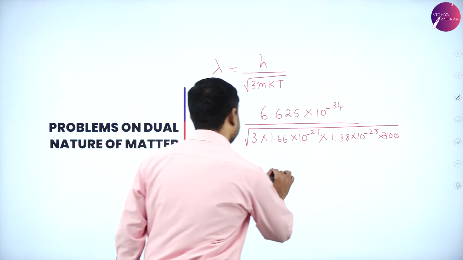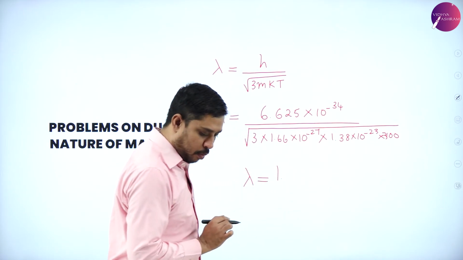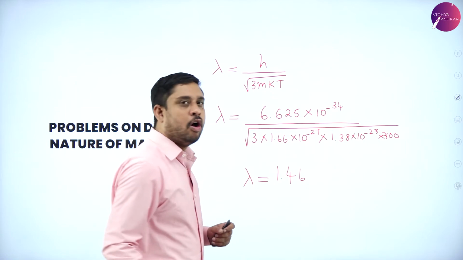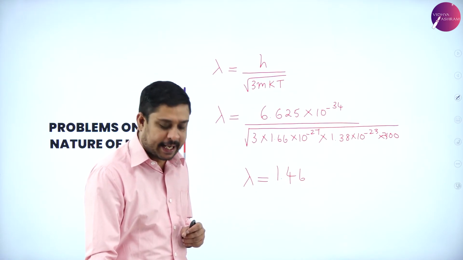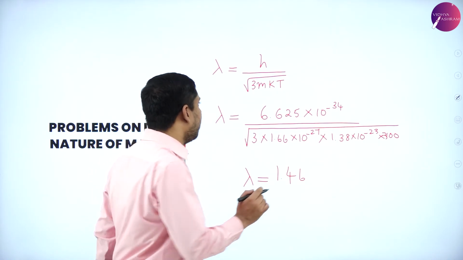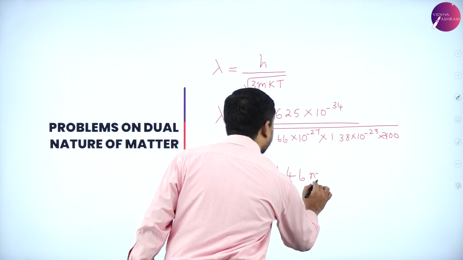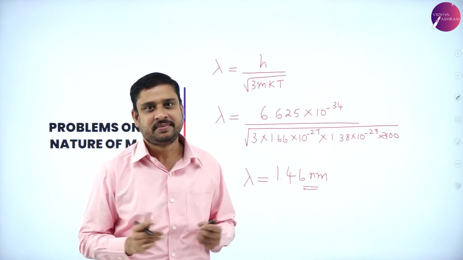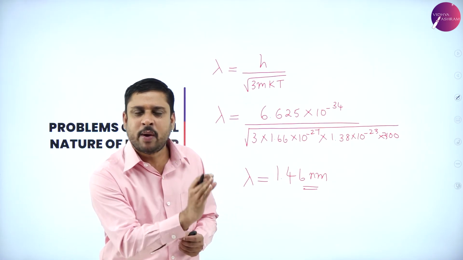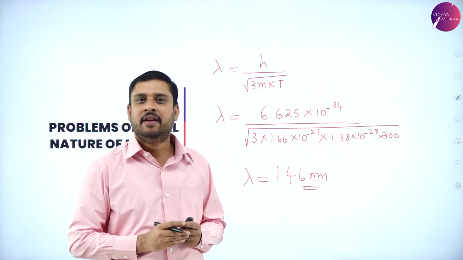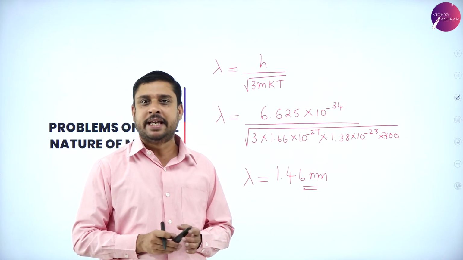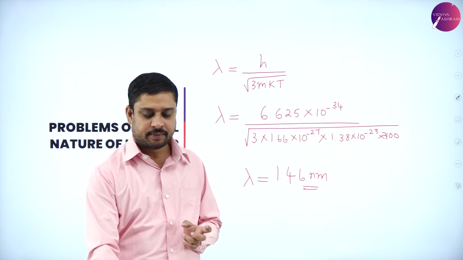So here, this becomes 1.46, and on the simplification of the powers, 1.46 nanometers. See? Just equate de Broglie wavelength with whatever is given. The solution turns out to be very, very easy.